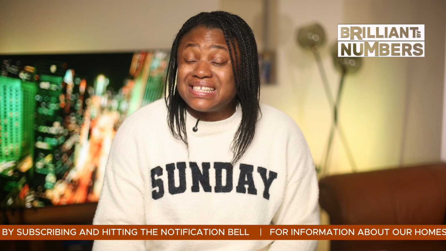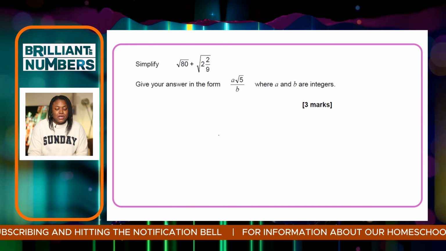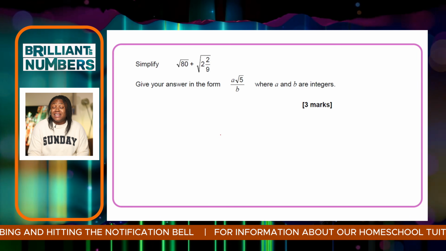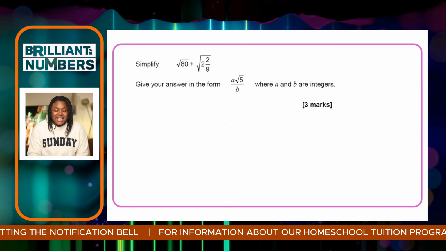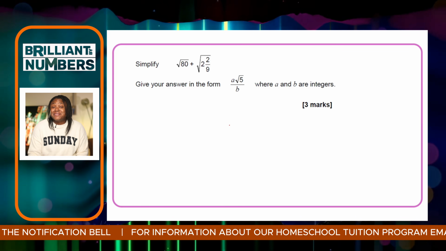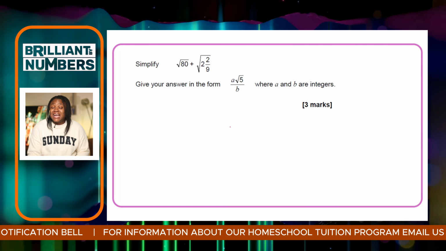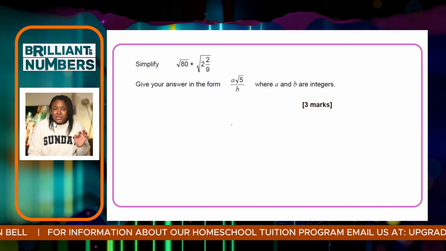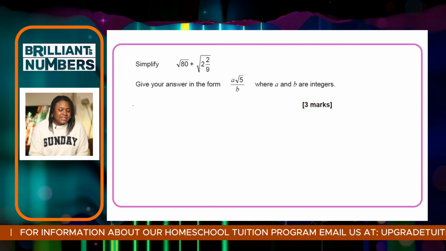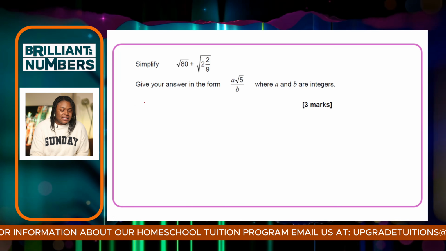Beautiful. So in this question, we're asked to simplify root 80 plus root 2 and 2 ninths. Give your answer in the form a root 5 divided by b, where a and b are integers, for 3 marks. So the first thing we need to do here, we are going to simplify root 80.